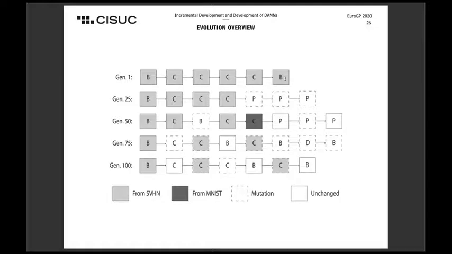Then, as generations proceed, we see that the layers are starting to be adapted to this particular problem, which is CIFAR10, and even later in evolution, it is possible to introduce another layer that comes from another dataset, which in this case is the MNIST dataset, and so on and so forth.